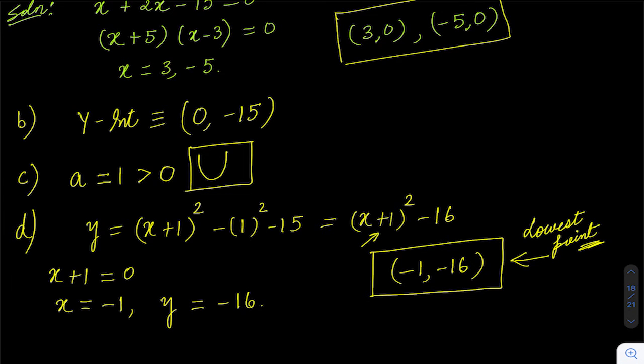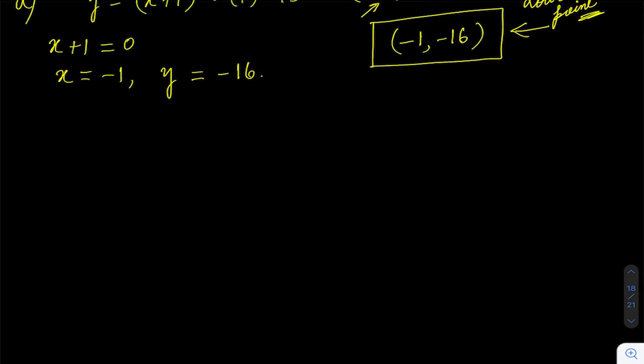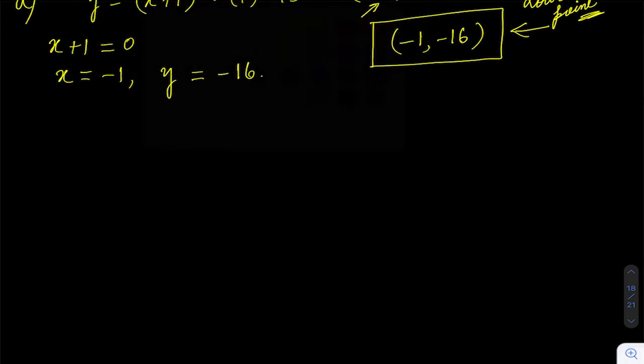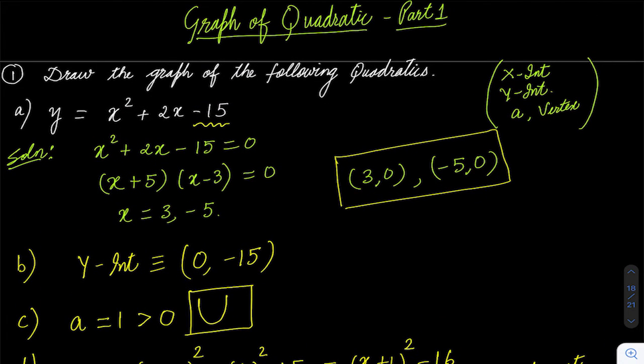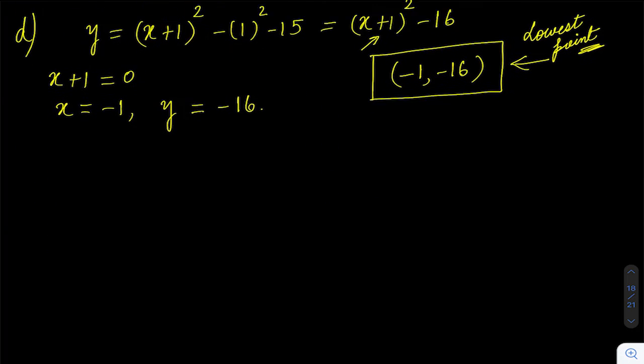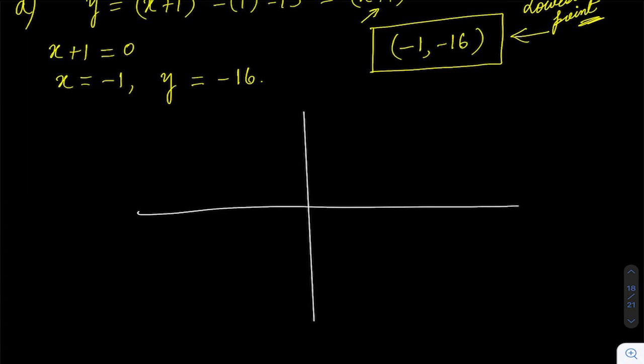Now let's use all these things and draw the graph. If you want, you can just see this once: 3, minus 5, 0, minus 15, A is positive. So let's draw the graph. First thing is, it should be opening upwards.